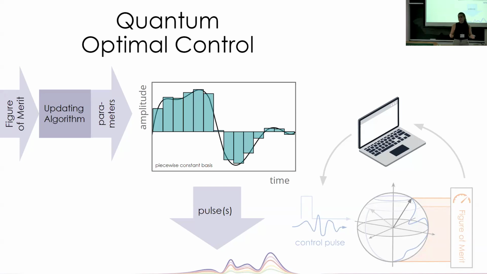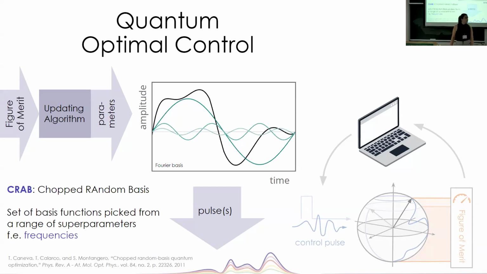The algorithms that Ronnie and also Christiane were talking about typically use this type of parameterization. But one could also do it another way, for example, with the Fourier basis. This is then sometimes called the chopped random basis algorithms.